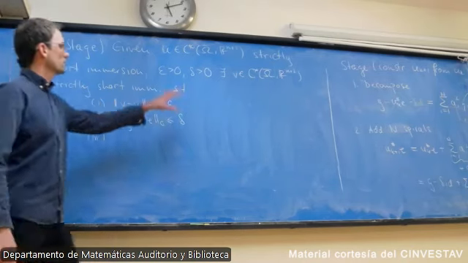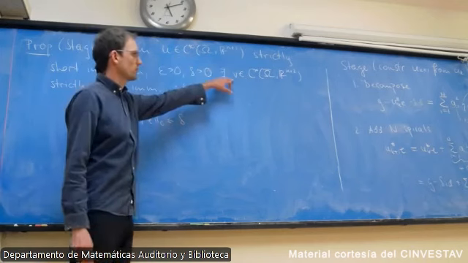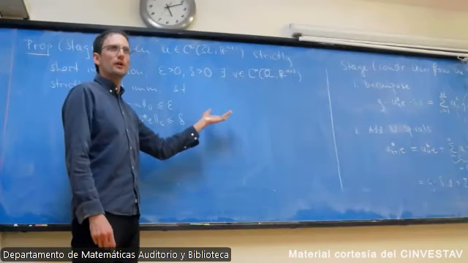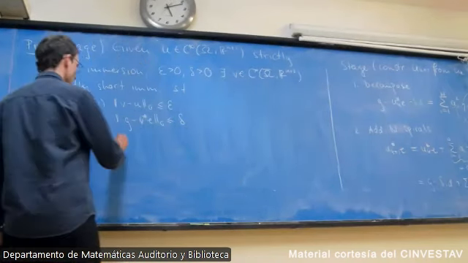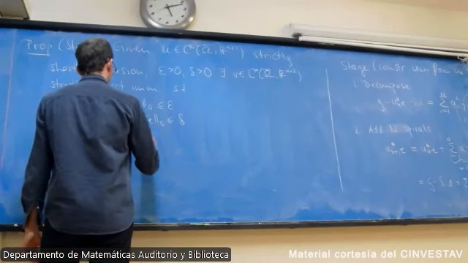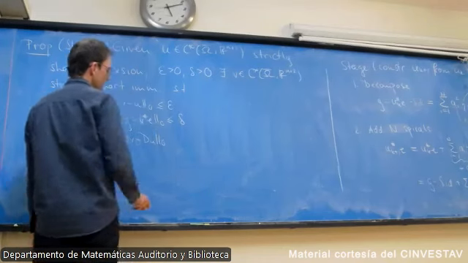And thirdly, I need to make sure in the end that my sequence, so UK plus 1, is converging or Cauchy in C1. I want control over the distance between the derivatives.